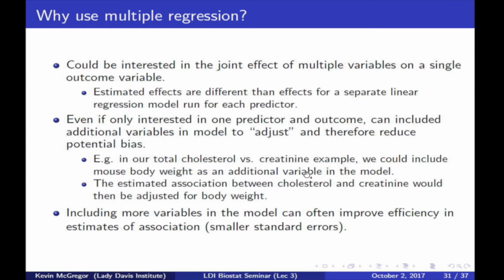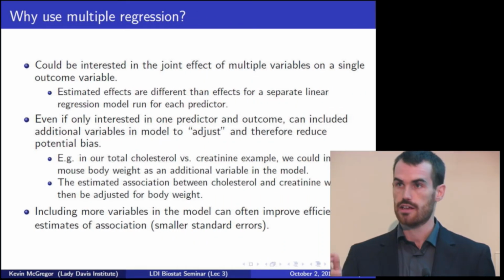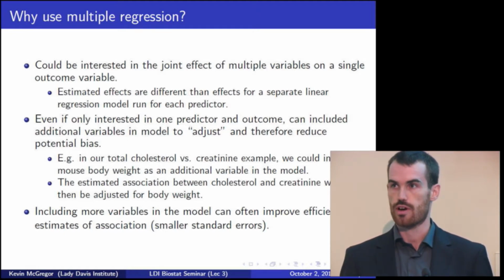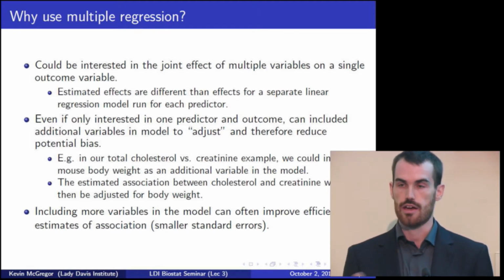So why would we want to do multiple regression in the first place? Well, it could be that we're interested in the joint effect of these predictor variables on this outcome variable. The reason we would put everything into a model is that the estimated effects are going to be different when we do that than if we had just run a series of separate linear regressions for each x and y pair.